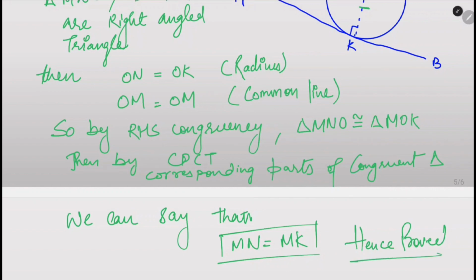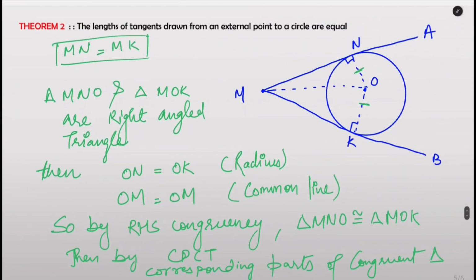So you need to remember how to prove, you need to understand how we prove the theorems. This will help you to understand this theorem as well as the concept, that how this MN and MK are equal, right?